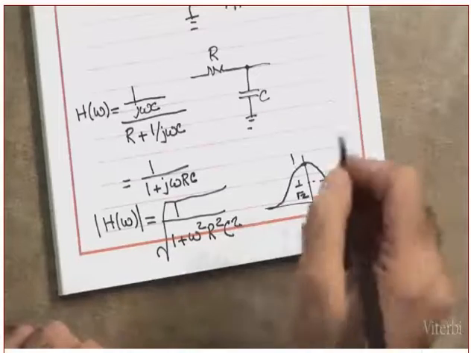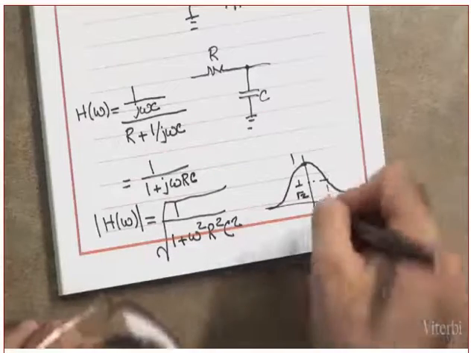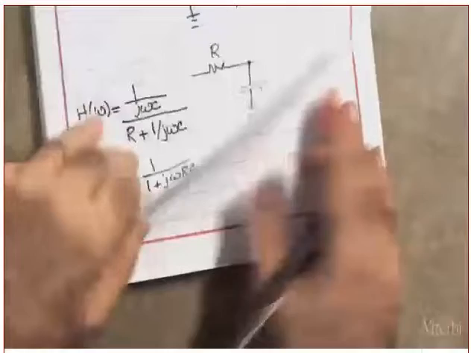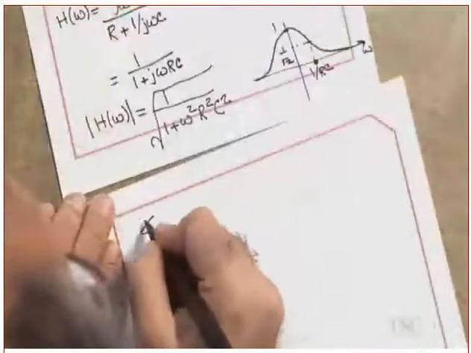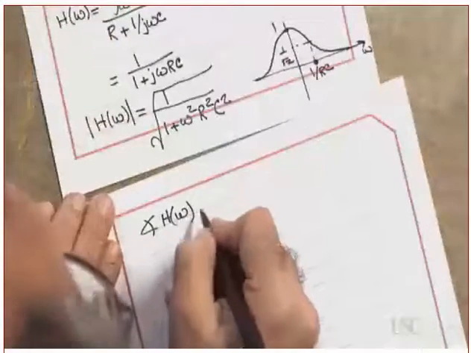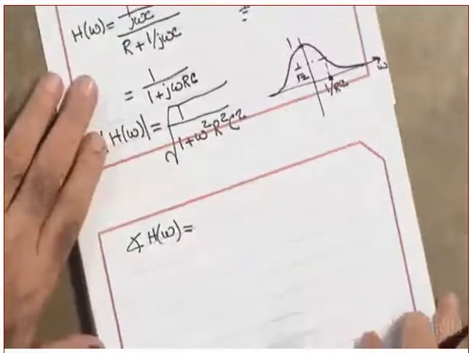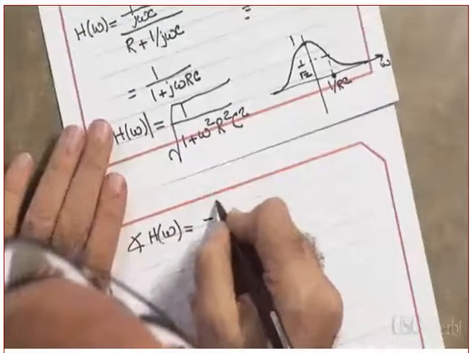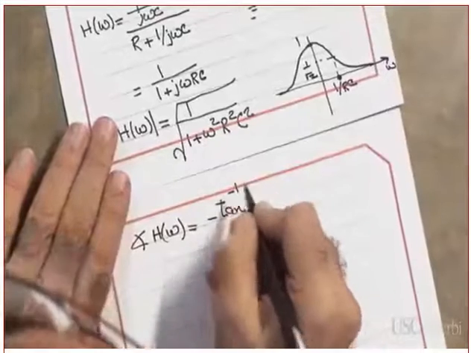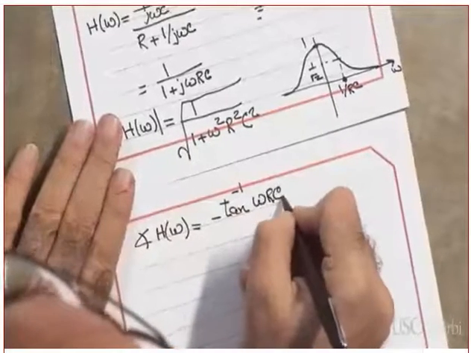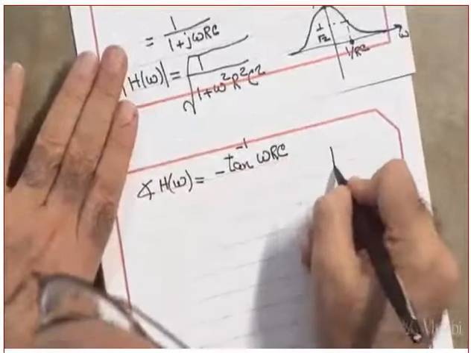But I'm more interested in the phase, because this is a phase shifter. What is the phase of this? Give it to me. It's minus tan inverse of omega RC. How do I sketch it?